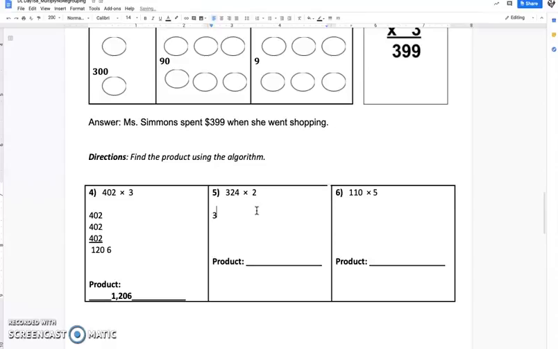We have 324 plus 324, and we're going to add these together because, again, we're using repeated addition. We're going to put a line under that, and when we start from the ones place, we know that 4 plus 4 is 8. Next, we have 2 plus 2, which is 4.